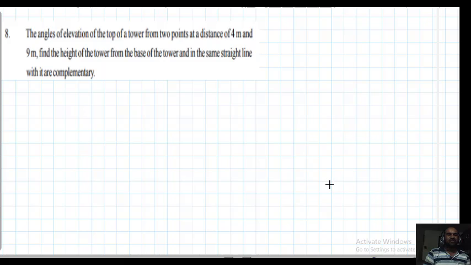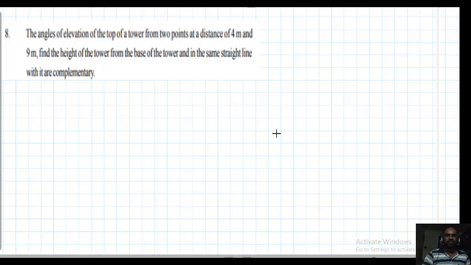The angles of elevation of the top of a tower from two points at a distance of 4 meters and 9 meters from the base of the tower and in the same straight line with it are complementary.